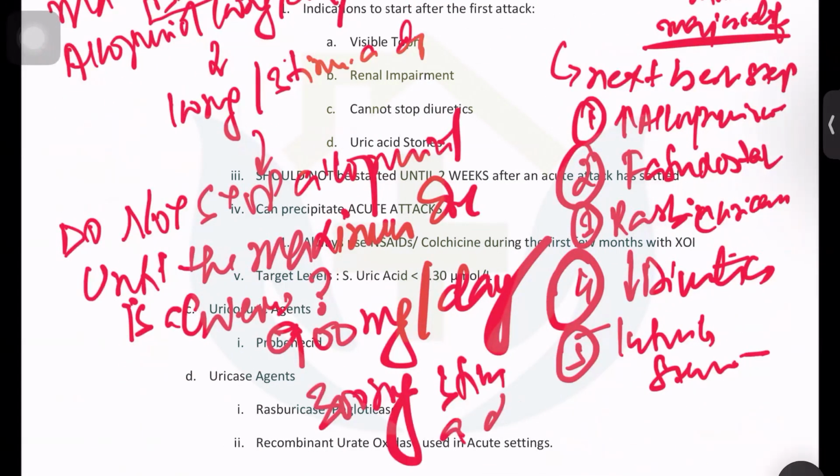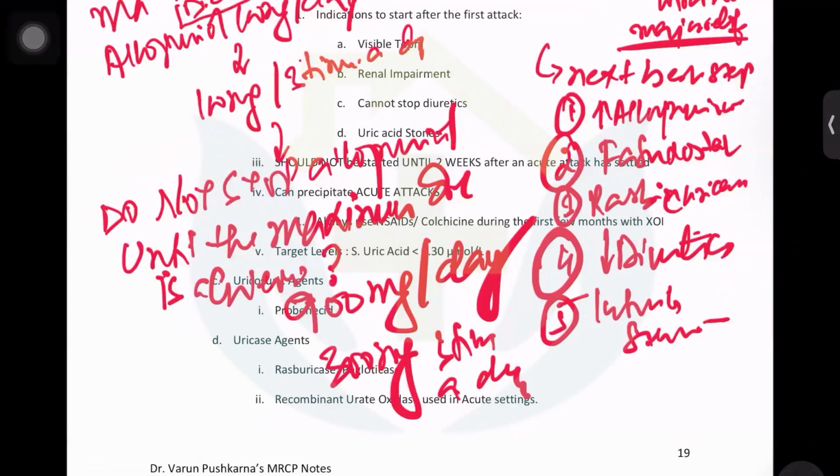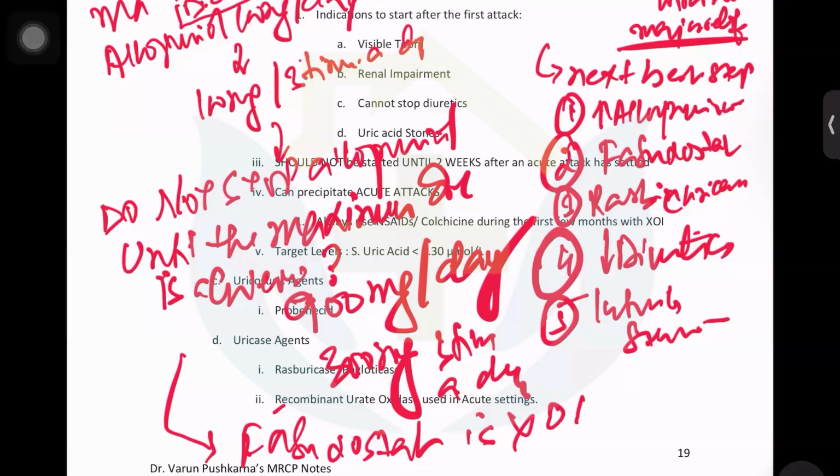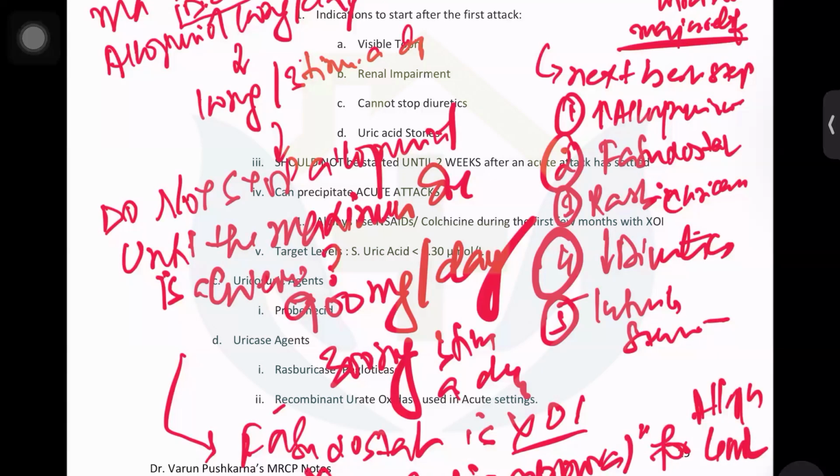Another interesting thing, the next guideline is that febuxostat, like allopurinol, is a xanthine oxidase inhibitor, which has a marketing approval for allopurinol-resistant gout. Now, this changes the way you think.